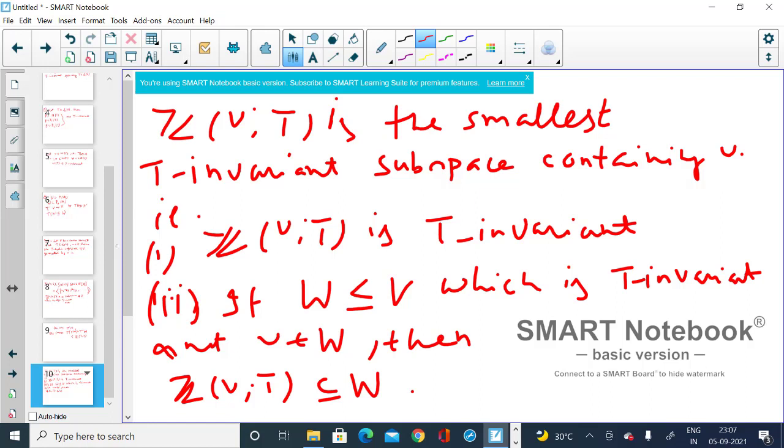And the proof is also simple. We already proved the first part, that it is T invariant. Now to prove that it is the smallest one, what do you need to prove?